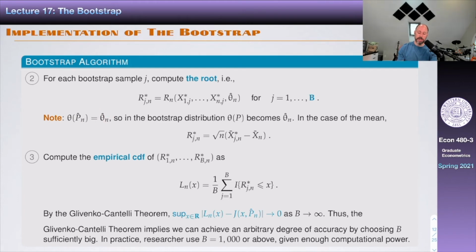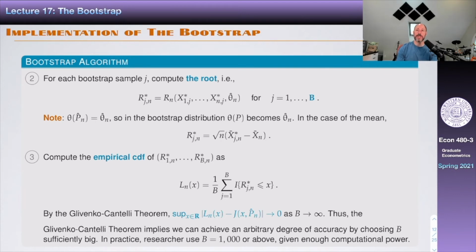So your root is going to be the same expression where you just plug in the Bootstrap samples, centered by theta hat n. In the case of the root we're discussing today, r j star n is just going to be square root n times the sample mean of the Bootstrap observations minus the sample mean of the original sample, that is theta hat n, which is x bar n in this case.